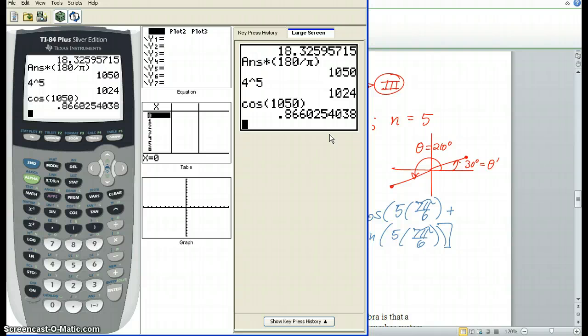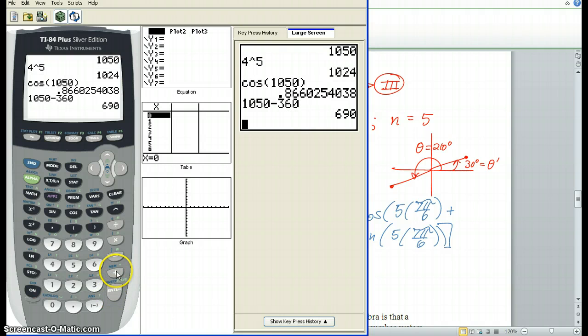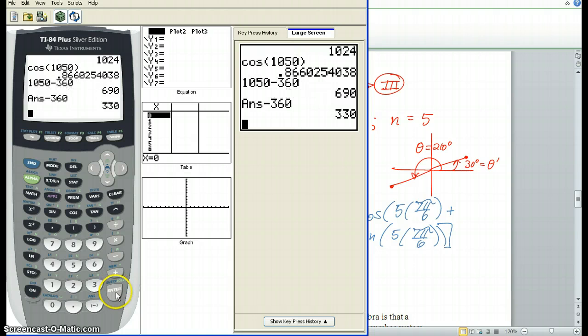But if it's not completely familiar, well, let's just start thinking about how 1050 relates to a full revolution. There's 1 revolution, 2 revolutions. Okay, so we're left with 330 degrees as a result of subtracting 360 once, twice, and there you go with 330 as the end result.